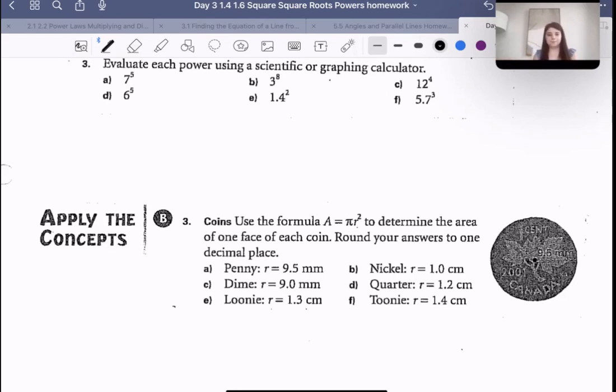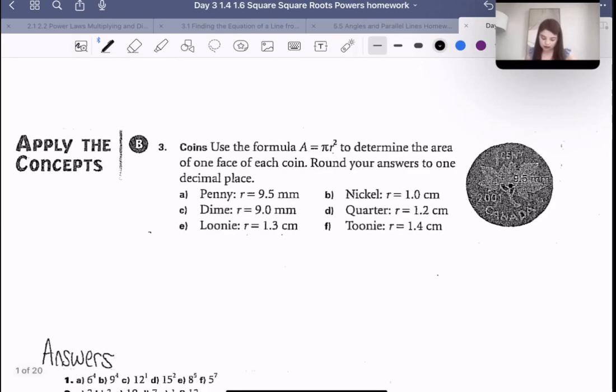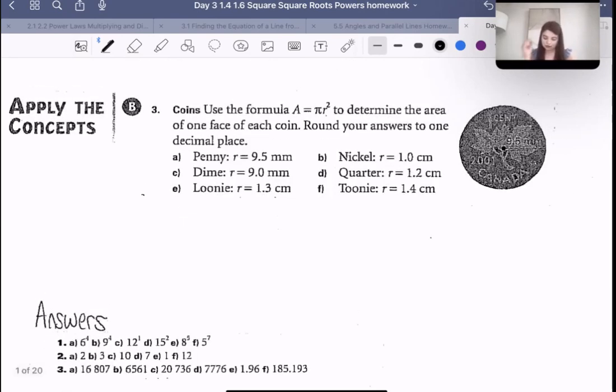Okay. Let's move on to the third one, which has to do with coins. It says, use the formula area equals pi r squared to determine the area of one face of each coin. Round your answers to one decimal place. Okay, so let's do that. A penny is 9.5 millimeters for radius.